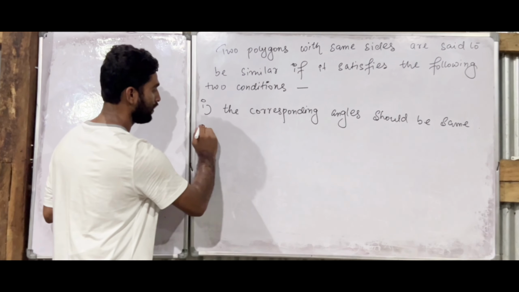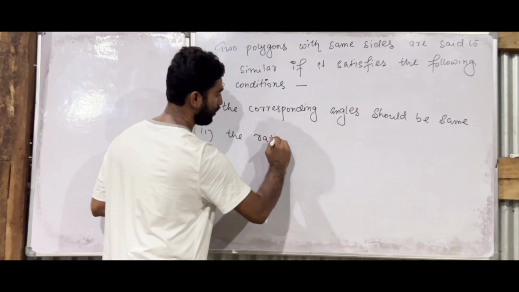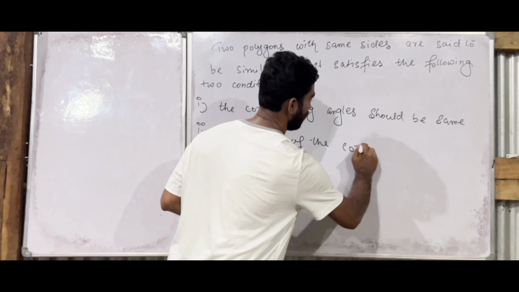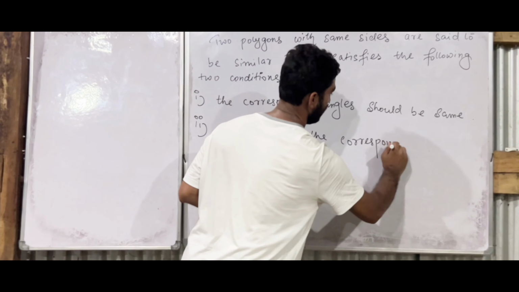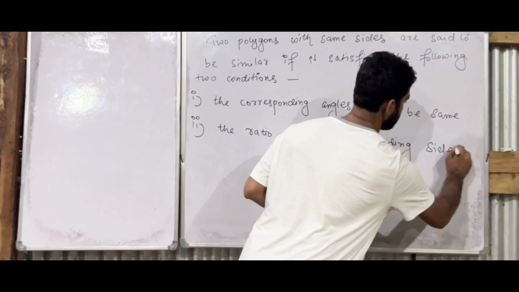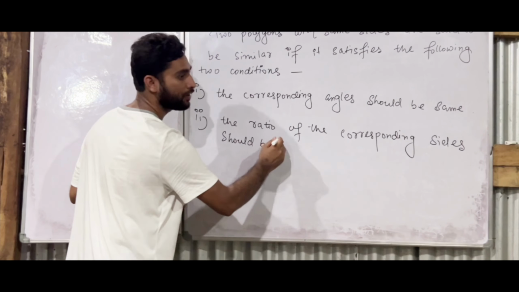And what is the second one? The ratio of the corresponding sides should be proportional.